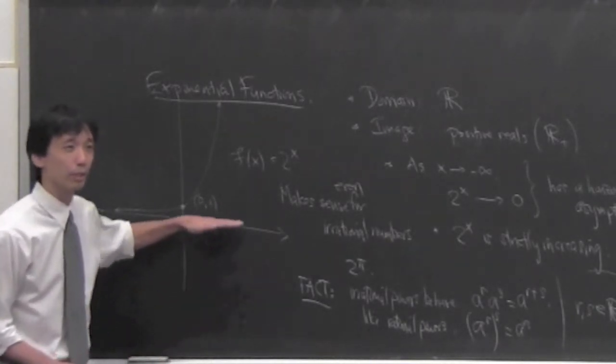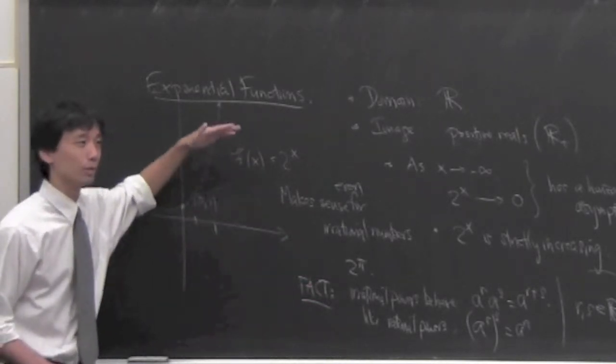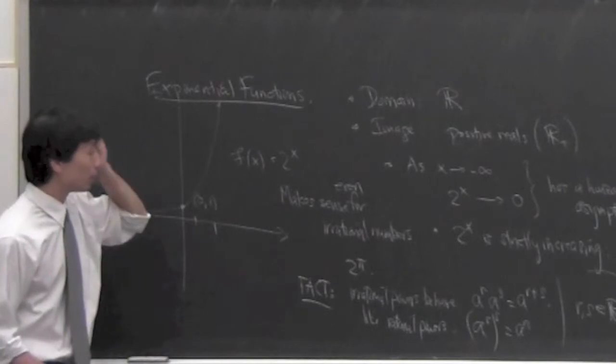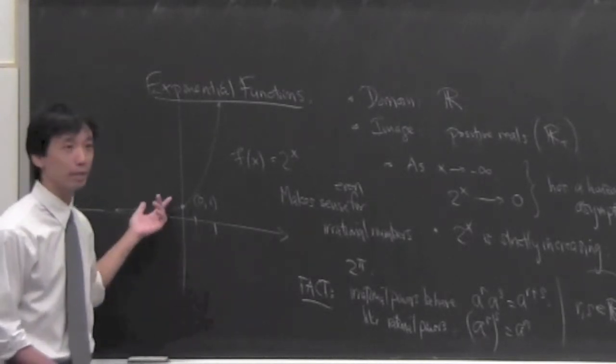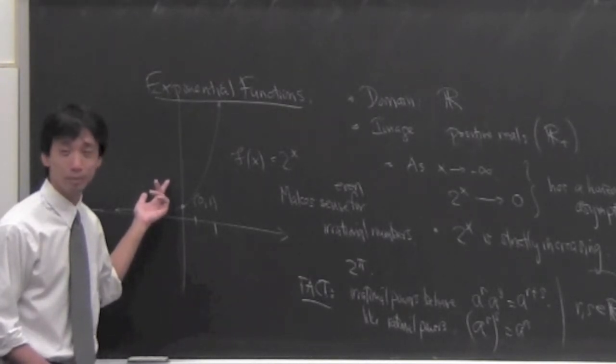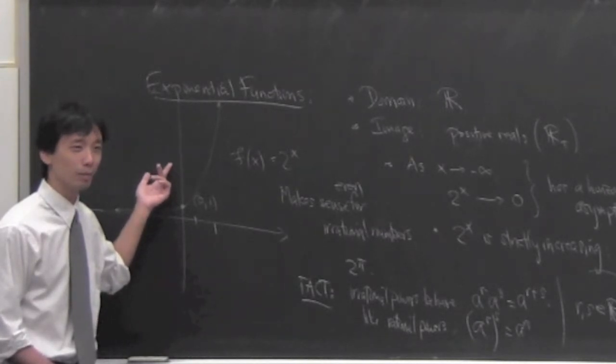Any strictly increasing or strictly decreasing function will pass the horizontal line test, will be one-to-one. Okay. So what? It passes the horizontal line test. So what do we know about this function? A function that passes the horizontal line test.